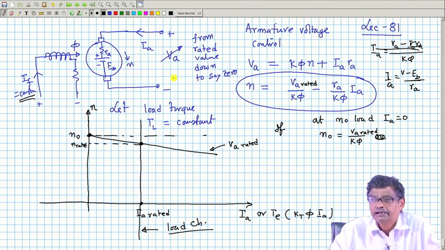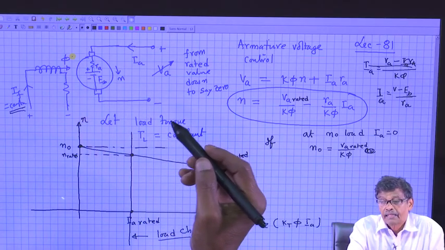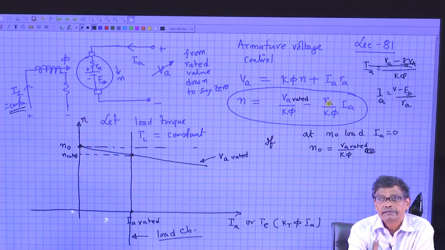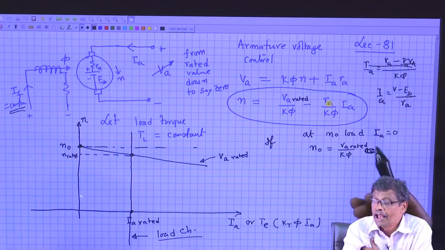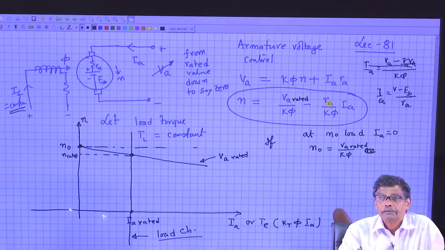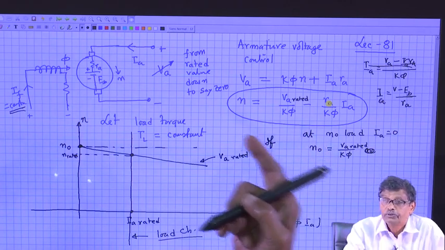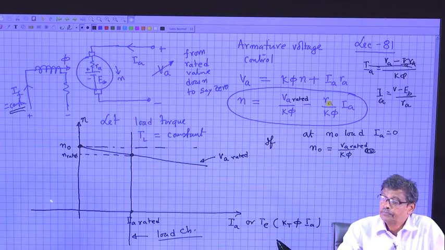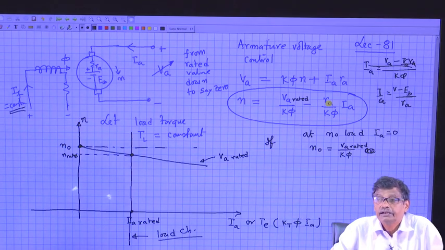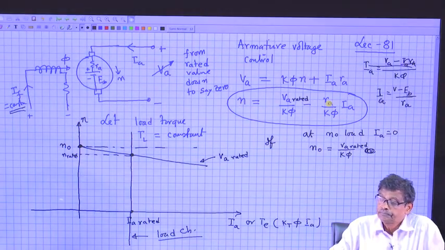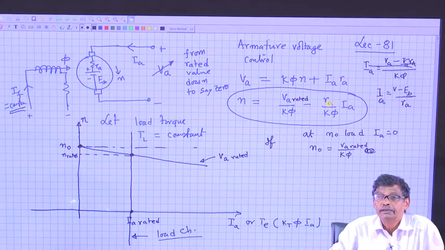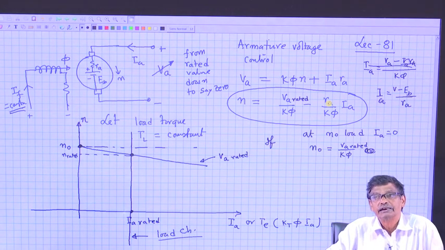Armature current will decrease, because E B cannot change instantaneously, phi is held fixed, and speed cannot change instantaneously. Therefore, back EMF at T equal to 0 plus remains what it was at T equal to 0 minus, and therefore armature current will decrease. If armature current decreases, electromagnetic torque developed by the machine will decrease.